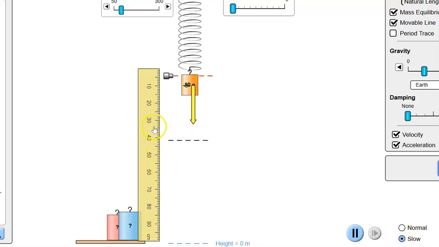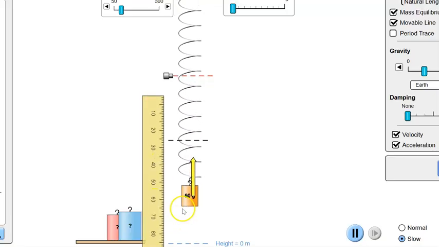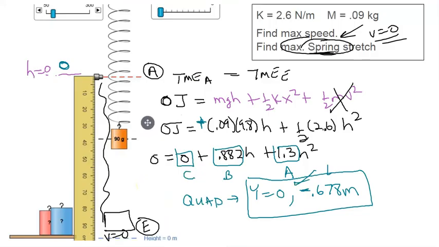Let's put the midpoint of the mass at 0 and 0.67. Hopefully that's, oh man, 0.678. Anyway, those are your 2 turnaround points, and please record both answers.